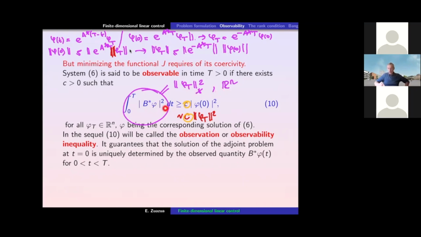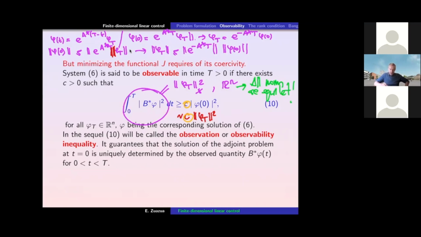So this is quite complicated, but after all, it's just a quadratic form in Rn. And what I'm saying is that we know that in Rn, all norms are equivalent. All norms are equivalent, and because of that, the only thing I need to show, in order to find a constant that will be able to dominate the norm of phi t by this observed quantity, is just the fact that this is a norm.